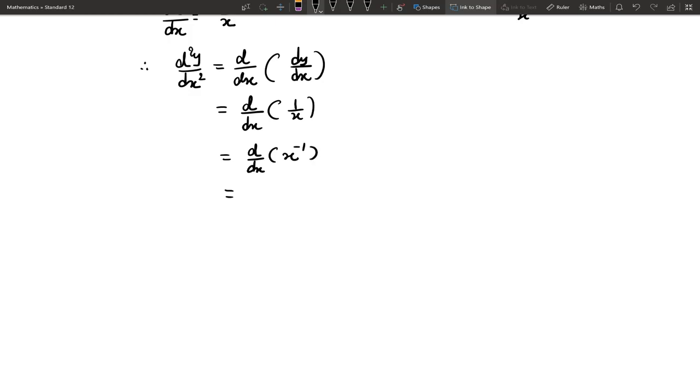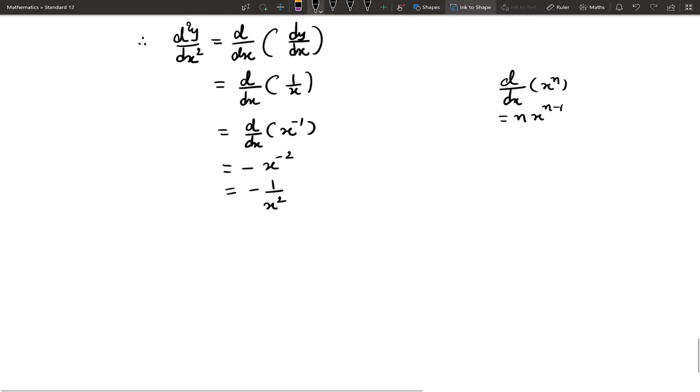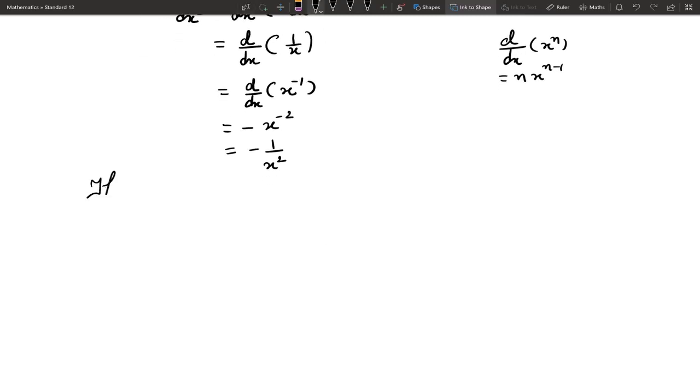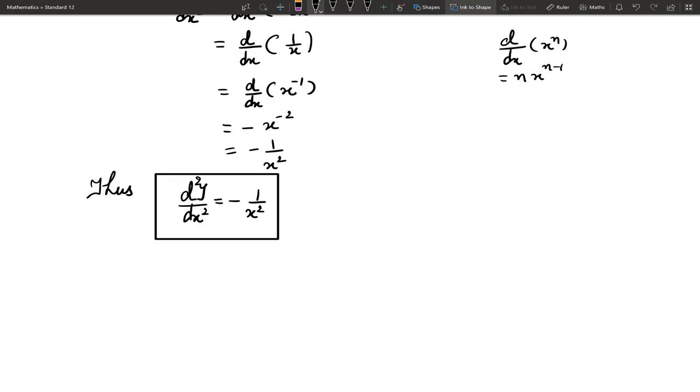Now when we differentiate this, use this formula, nx raised to n minus 1, so minus x raised to minus 2, so this is minus 1 upon x square. So thus d2y by dx2 is minus 1 upon x square.